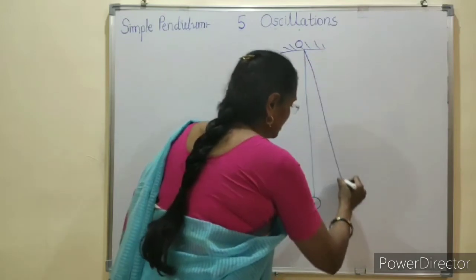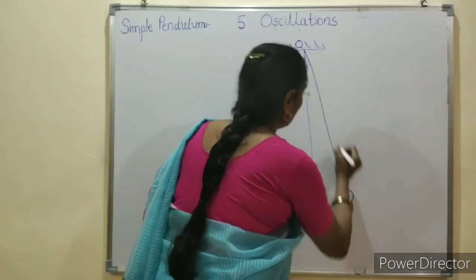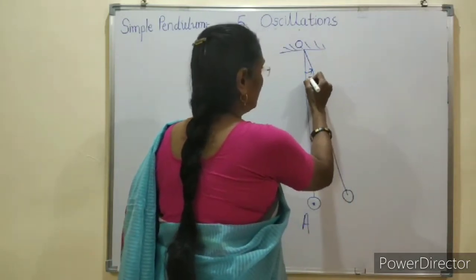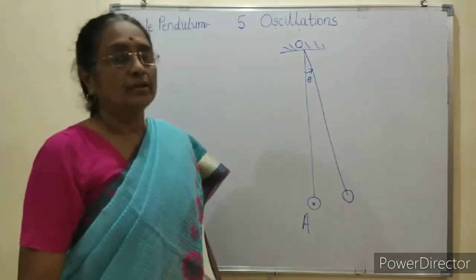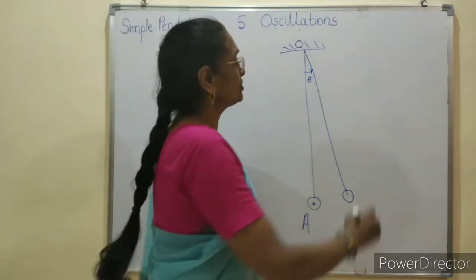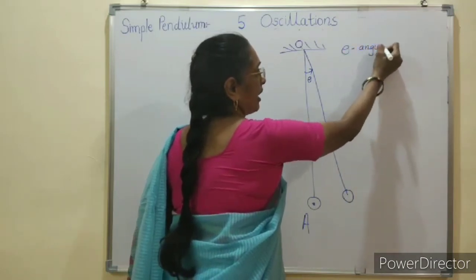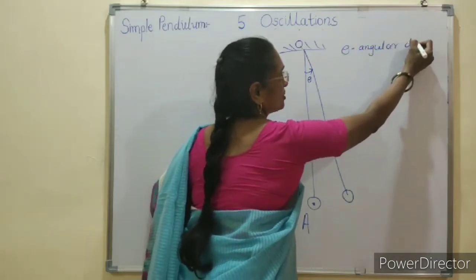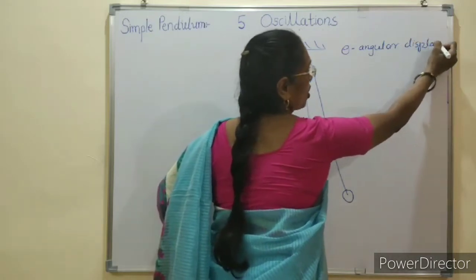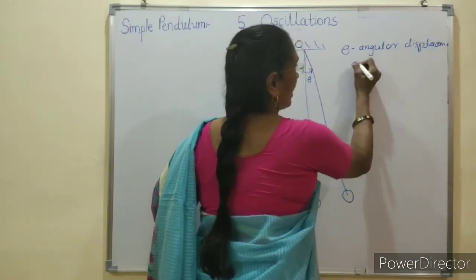If the string is displaced through angle theta, as the system is oscillating system, this theta is the actually angular displacement, but it is also called as angular amplitude.